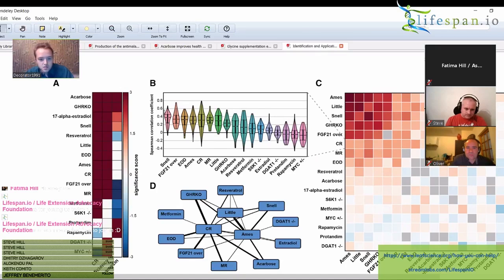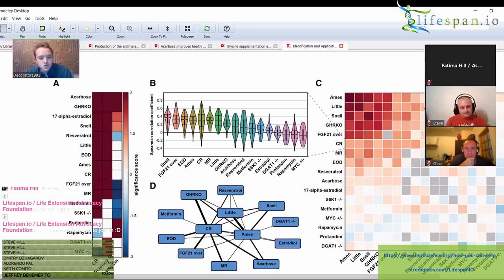These box plots, these violin plots, show the distribution of the correlation coefficient. First of all, it is nice that caloric restriction correlated with itself. So this is kind of a validation. Caloric restriction is number 5 here.